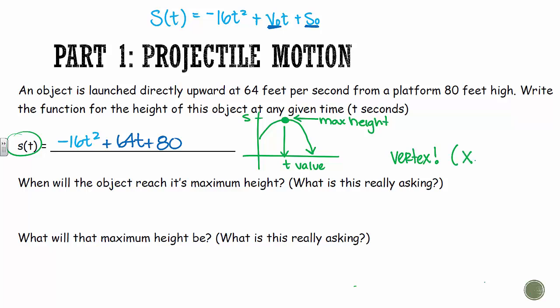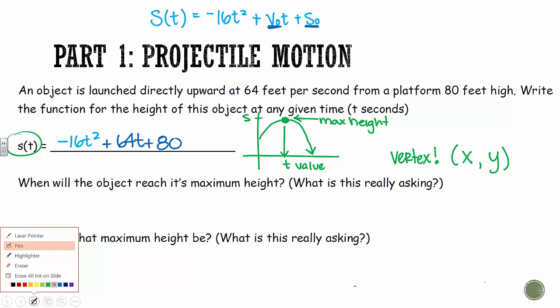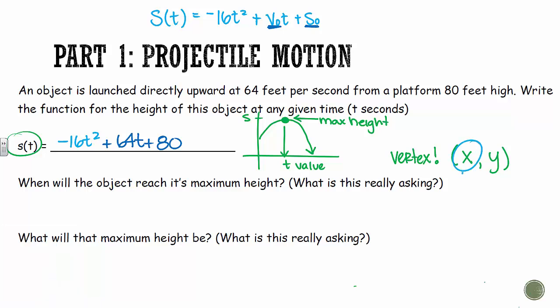The x part of your vertex and the y part of your vertex mean totally different things. In this case, when will the object reach it is what it's asking, and how high will it be is this one here. So what we need to do is find our vertex. Now, before, we found our vertex by either factoring, completing the square, or a combination of those two things.